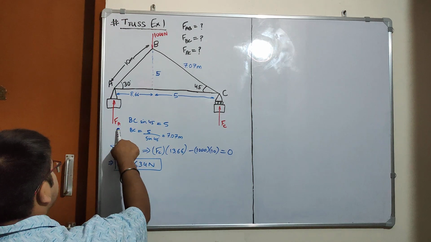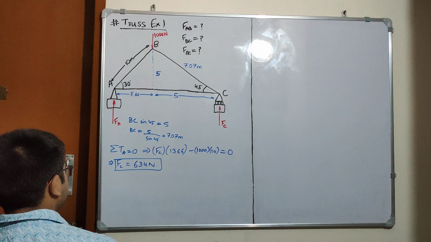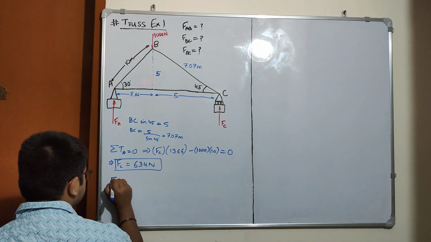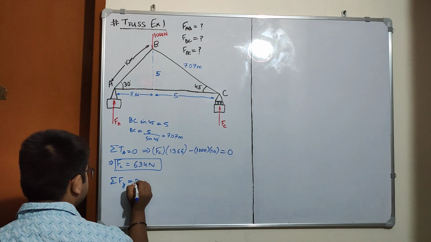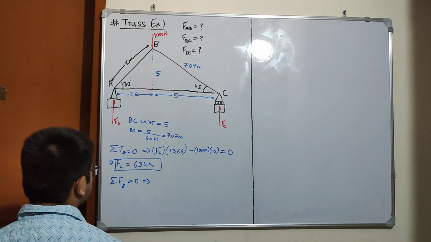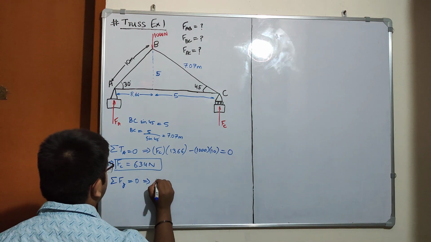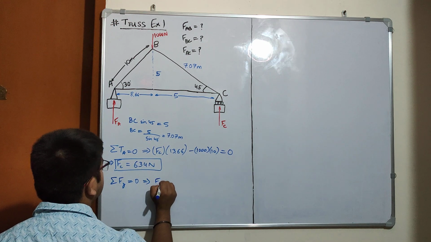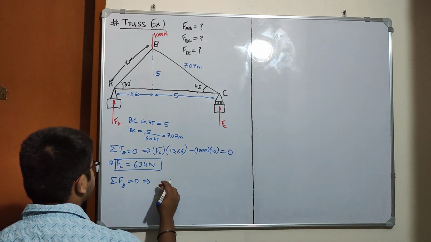Now to find FA, we will do summation of all the forces in the y direction equals 0. That will be equal to FC, this one, which is in positive sense.